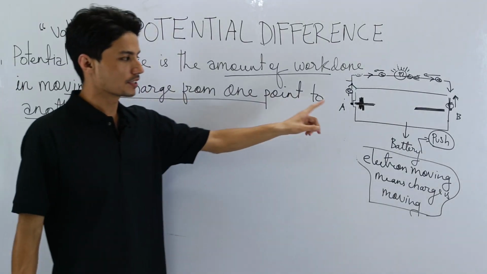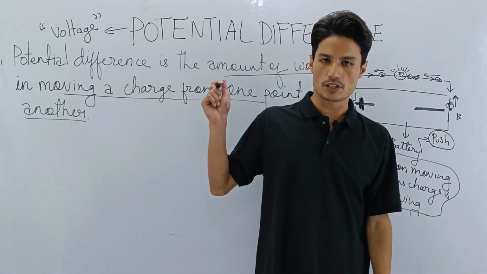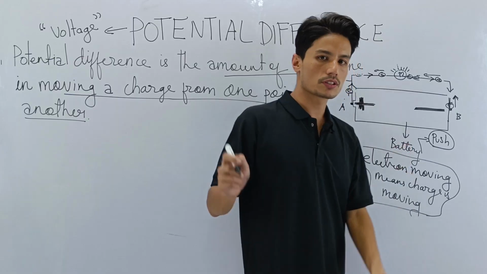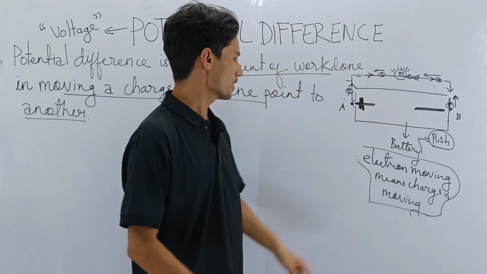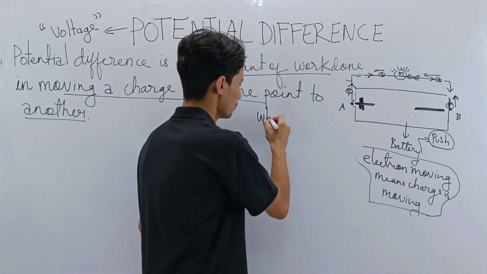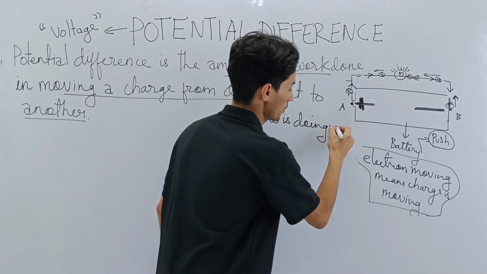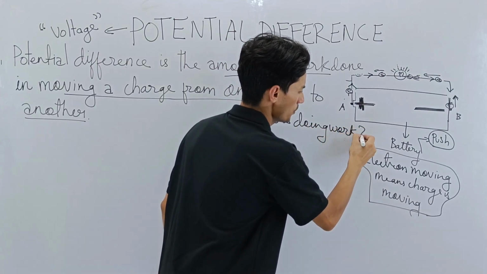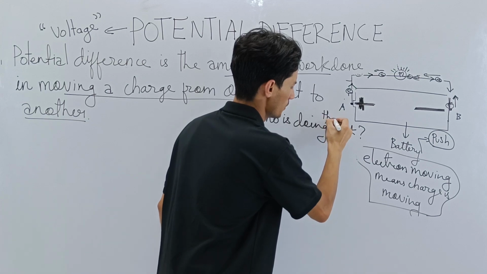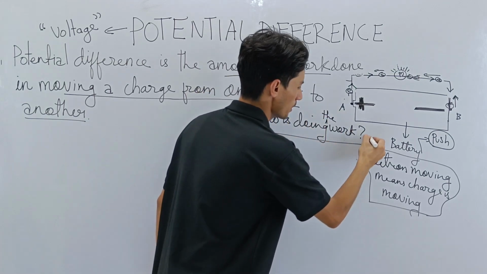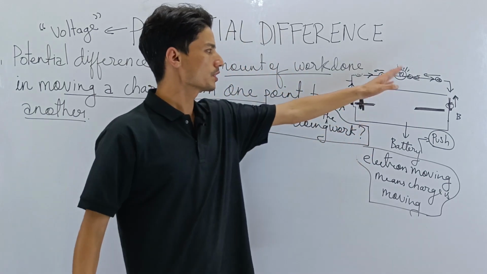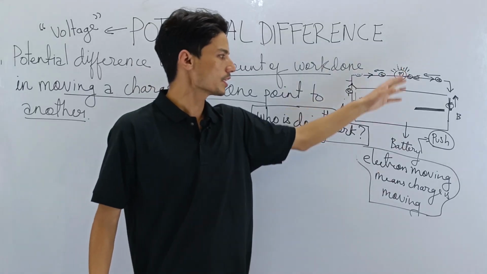Now let's go back to the figure here. According to the definition, potential difference is the amount of work done. Now you tell me, who is doing the work here? In the whole setup, who is doing the work?